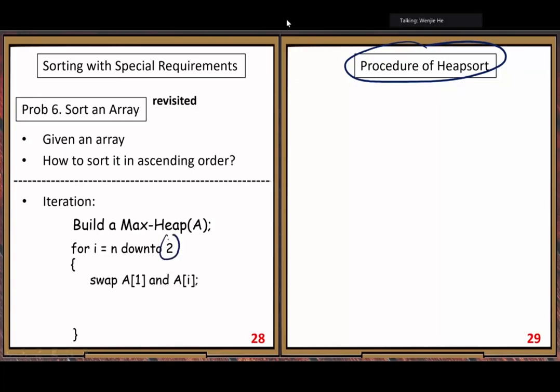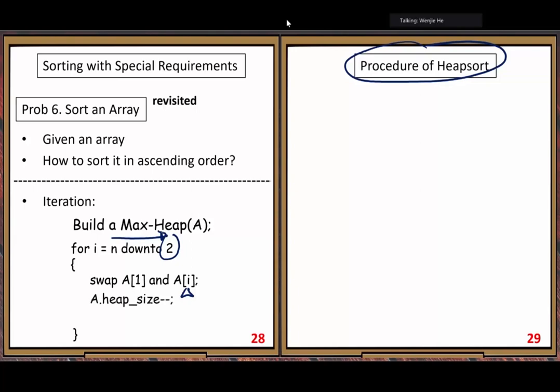Swap A of 1 and A of i, because i goes from n down to 2. The current location i is the end of the current array. So we swap the root node with the element at the end of the current array.